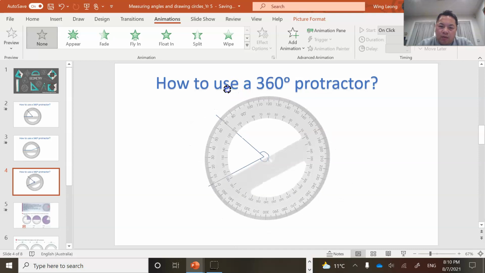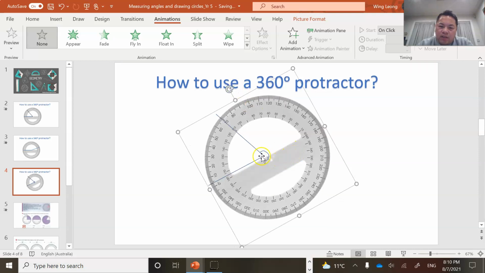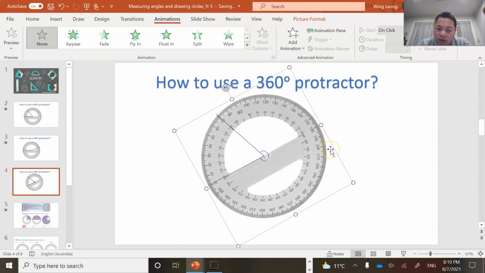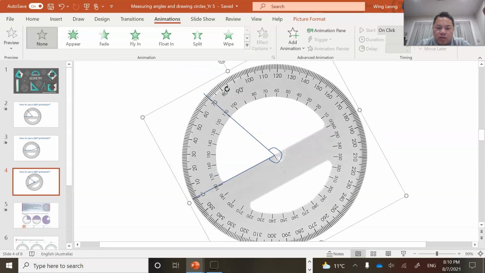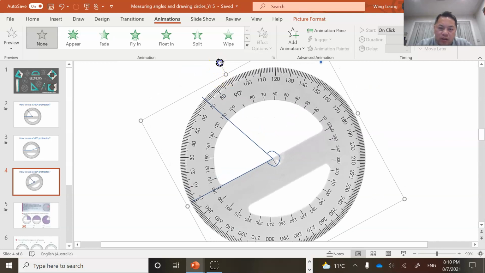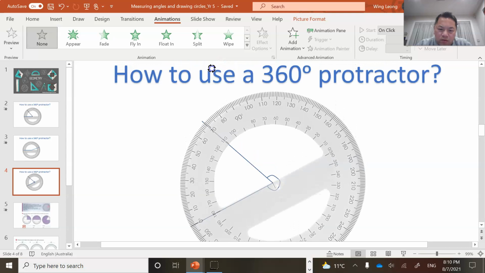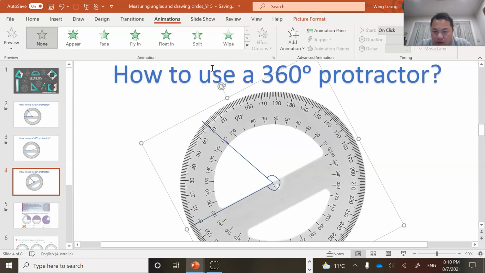Move it along and aim this corner to this point here. Do it slowly. Yep, it seems like it's touching the point, but this angle here is not on the line yet, so I move a little bit more. Maybe I can zoom in to see the accuracy. I move a little bit, turn a little bit. Oh, too much. Okay, how about here?